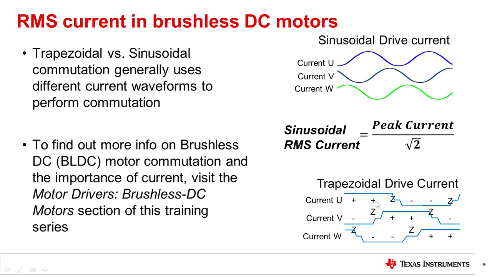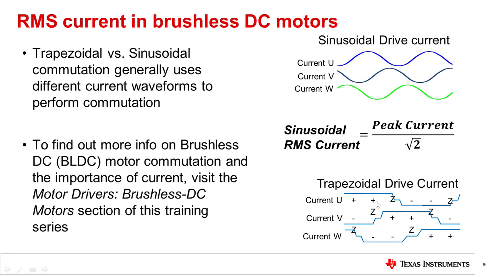There are two types of brushless DC motors, trapezoidal and sinusoidal motors. These different motor types require different current waveforms to efficiently spin the motor. As the name suggests, the current through the phases of a sinusoidal BLDC motor is sinusoidal in shape. The RMS value of a particular phase can be calculated by the peak current divided by the square root of 2.